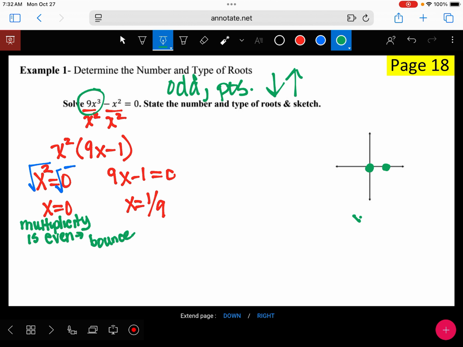So when I'm sketching this time I'm going to come up, hit the 0, make a U-turn, come back, make another U-turn, and go through. That's the difference. Because of the x squared, it bounces. It doesn't go through at 0. It hits the 0 and bounces back down.